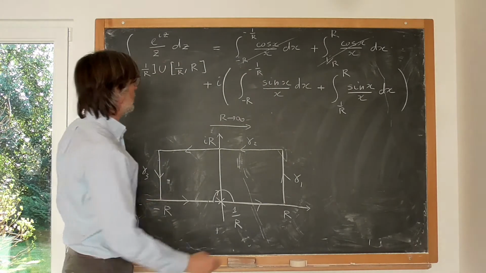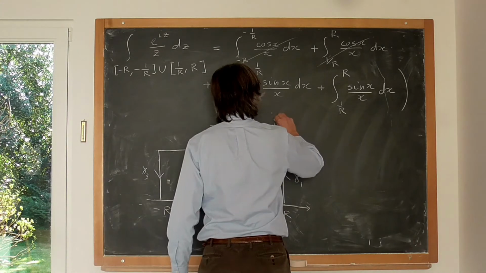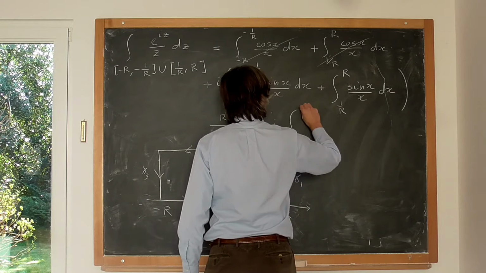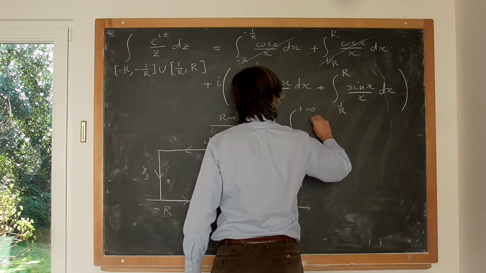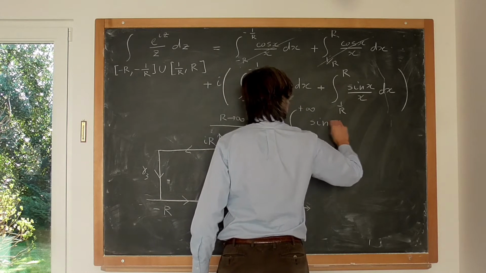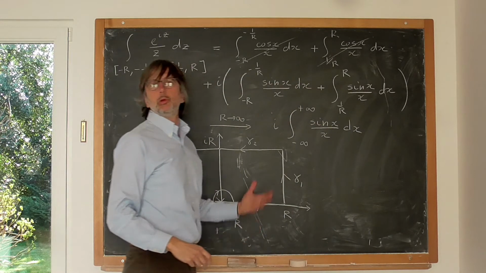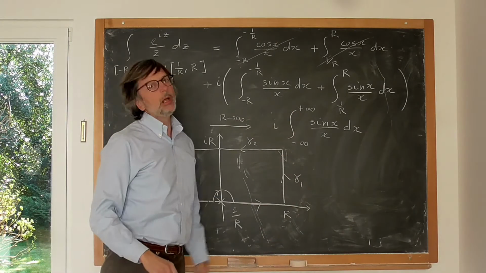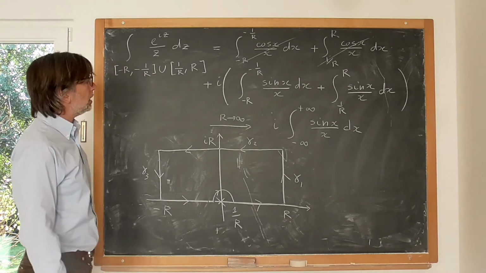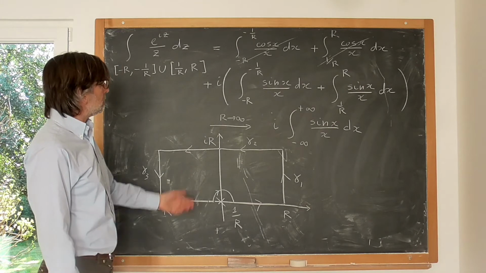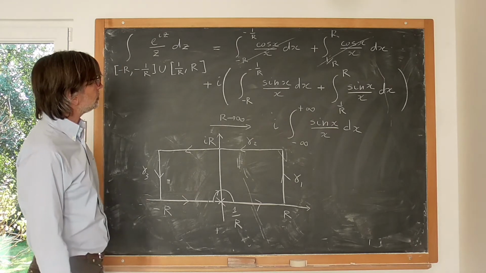So this integral will just converge to i times the integral from minus infinity to plus infinity of sine x divided by x dx. Okay? Since we already know that this function has a converging improper integral, then the improper integral can be obtained as a limit, for instance, in this way.